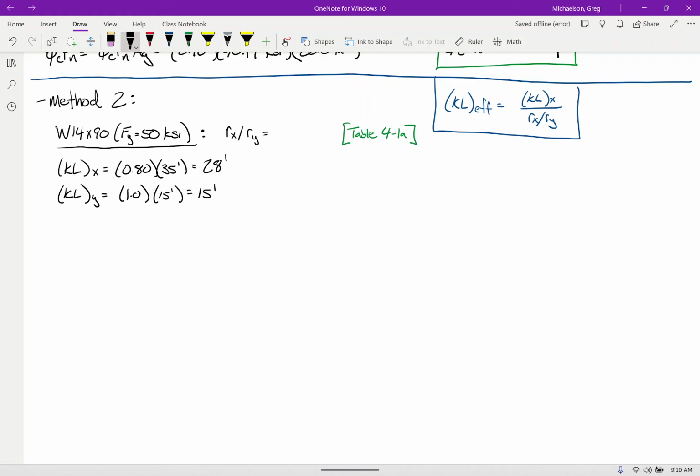And the W14 by 90 is right over there on the right, so 1.66. Is there anybody that doesn't see that? Okay, so here's the table 4.1a, here's the 14 by 90, and it's all the way down here. Everybody good?